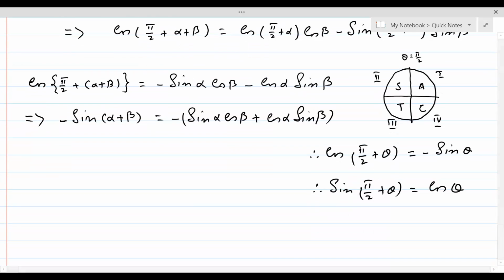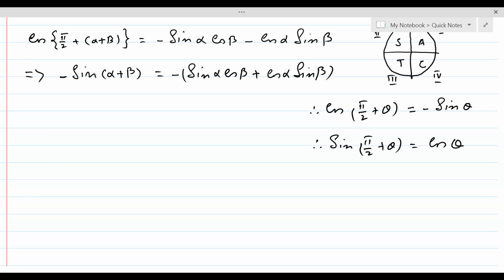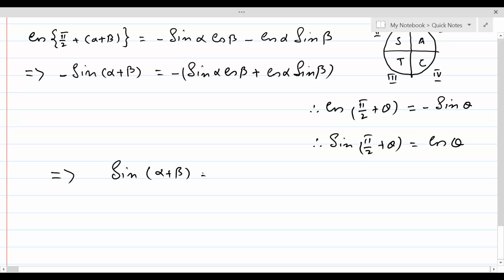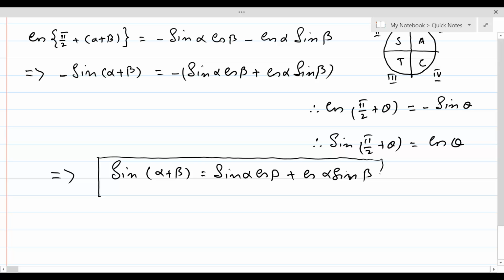Now if we make the cancellation of the negative sign on both sides, this means that we have proved sine of alpha plus beta equal to sine of alpha cos beta plus cos alpha sine beta. So this is the third law that we have proved, and we will be using this a lot in the coming exercises as well.